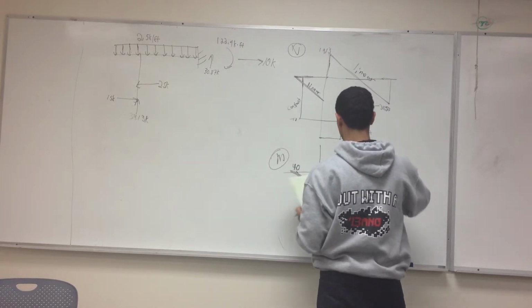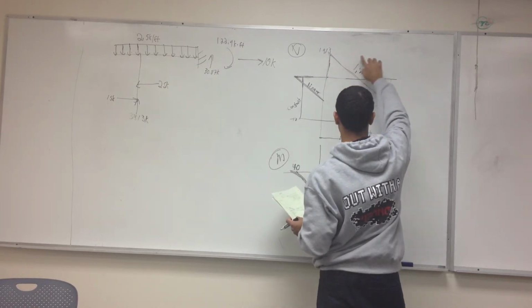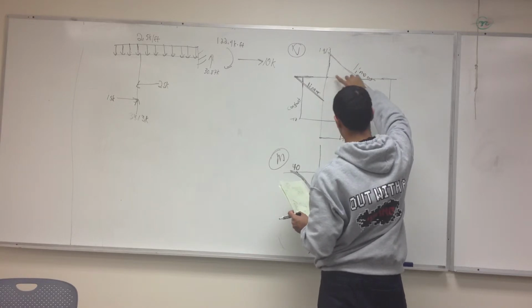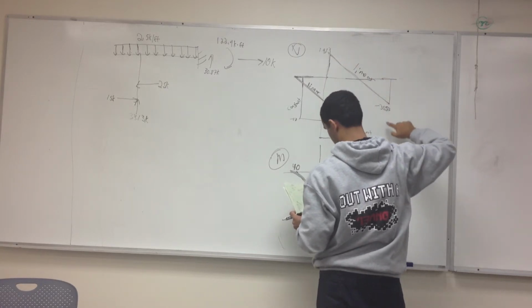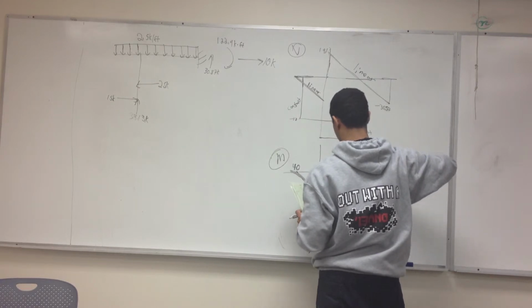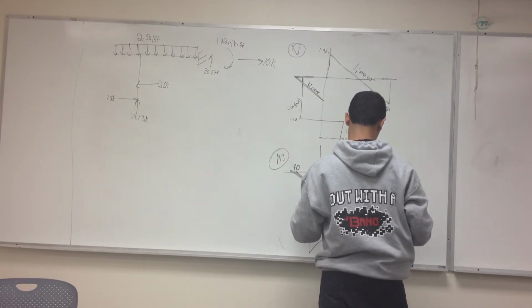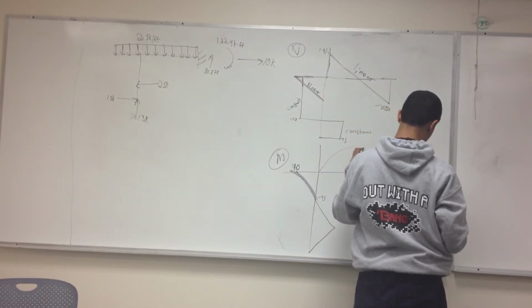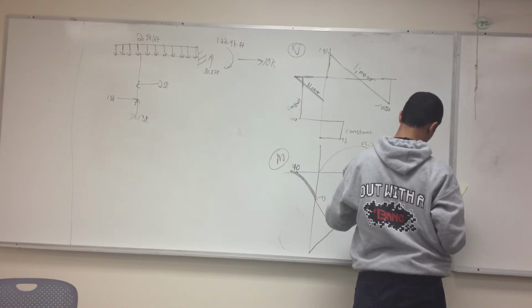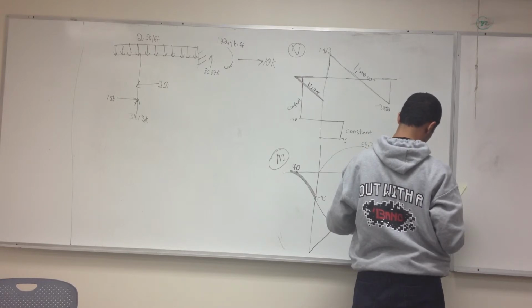Now we take this whole thing and do our diagram. Reaching a maximum of 68.2, it goes down to -122.4.